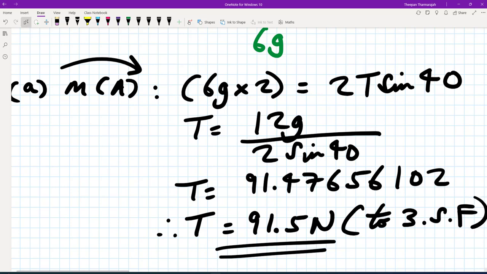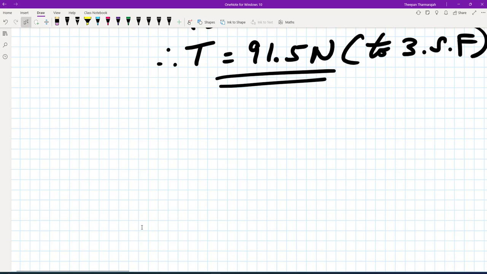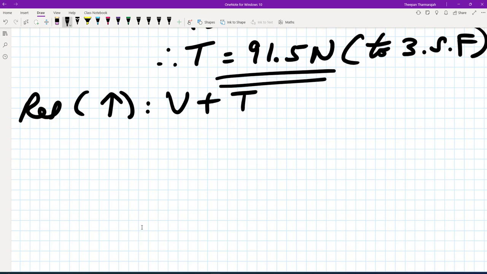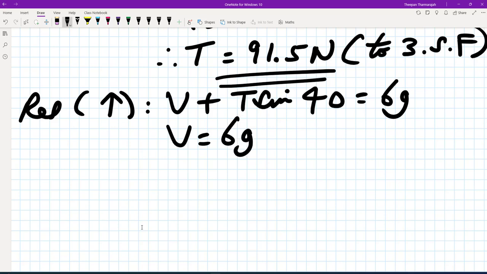So now we're going to resolve horizontally and vertically. So resolving vertically, we can say that V plus T sine 40 is equal to 6g. So V is 6g minus T sine 40.